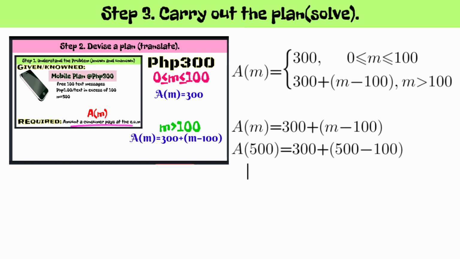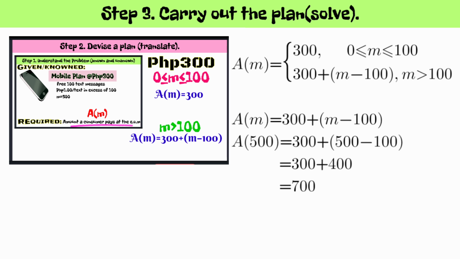To simplify this, let us first do the operation inside the parentheses. 500 minus 100 is 400. Now we have 300 plus 400, which is 700. Therefore, A of M, the amount paid at the end of the month by the consumer, is 700.